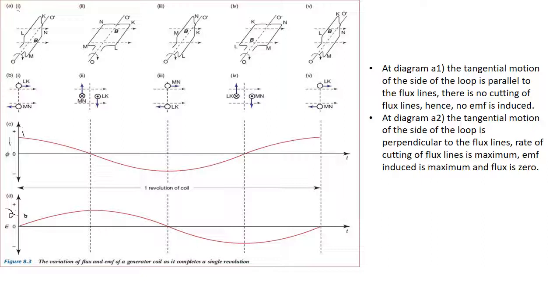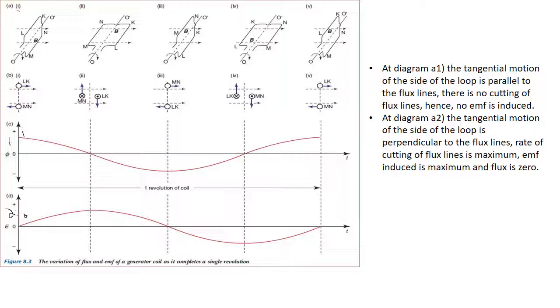So why is this? When the coil is in a vertical position, the tangential motion is parallel to the flux. Hence, there is no flux cutting, and so the flux is maximum while the EMF is 0.